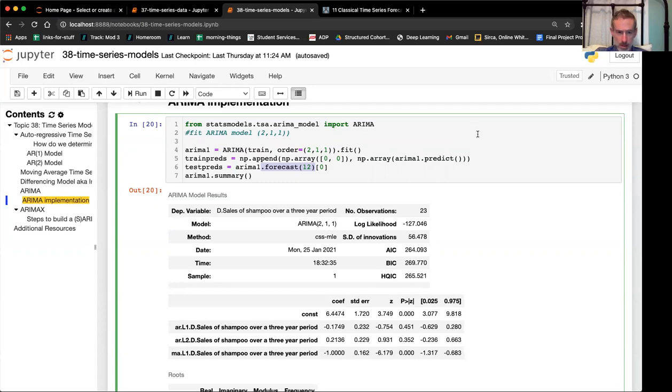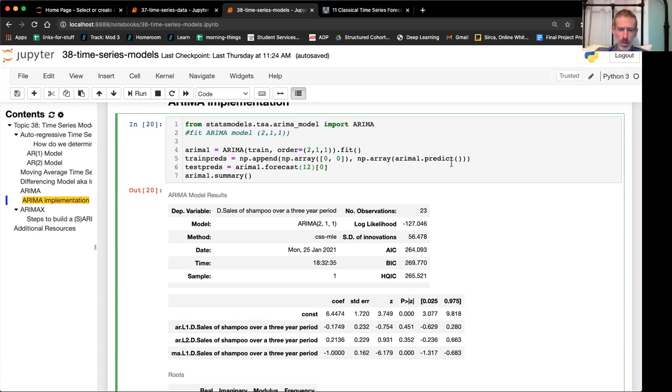Forecasting 12 means I want to know the predicted price for the next 12 days. That's just because when I did my train test split, I had 24 days in my train and 12 days in my test. So this is really just the test set predictions.